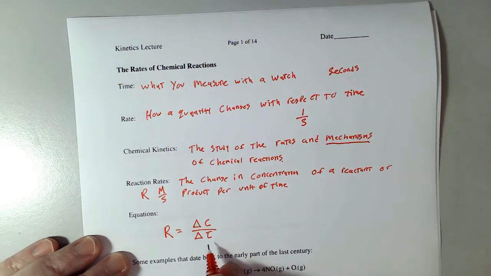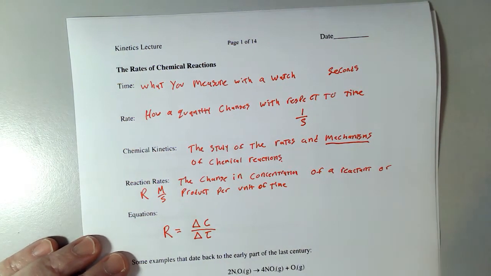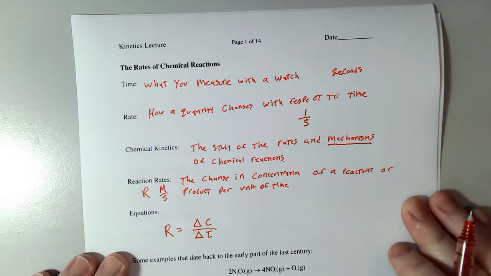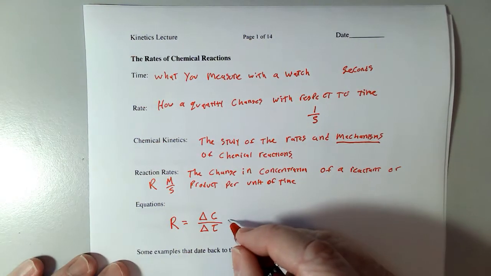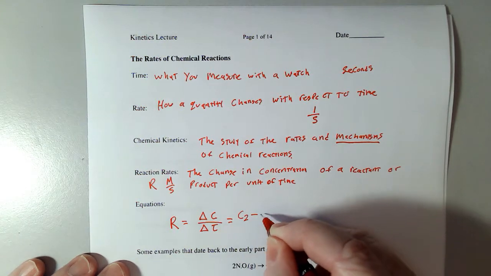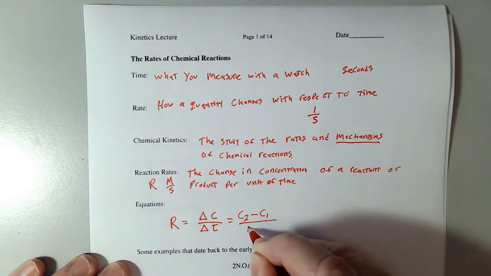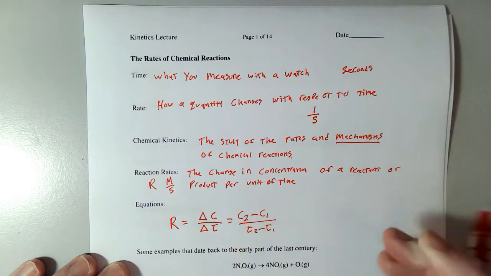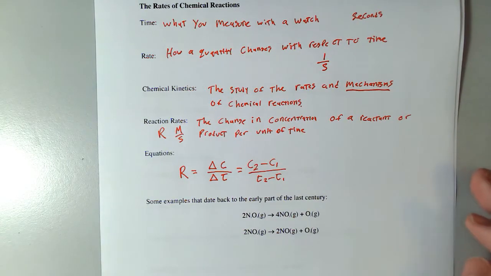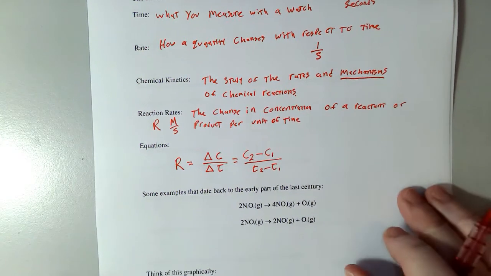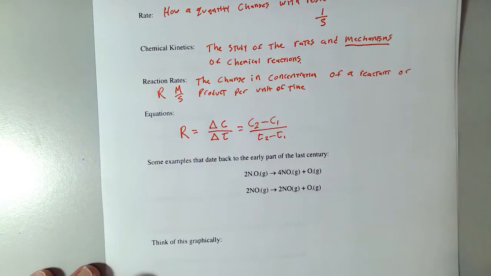And I'm using kind of a scripty t here because we're going to be having stuff that involves temperature in this chapter also. I'll use a capital T for that. So that equals C2 minus C1 over t2 minus t1, which will look an awful lot like slope for you. Okay, Algebra 1 skills coming back in.